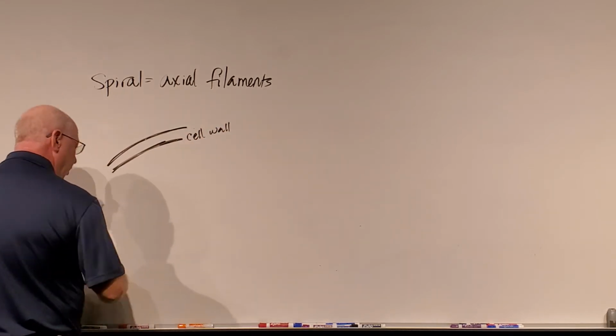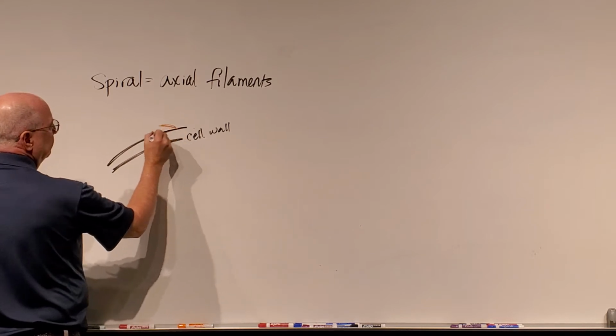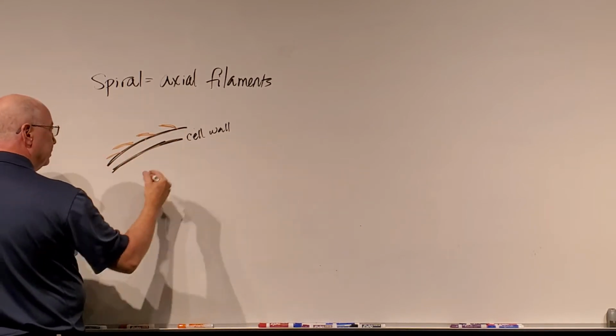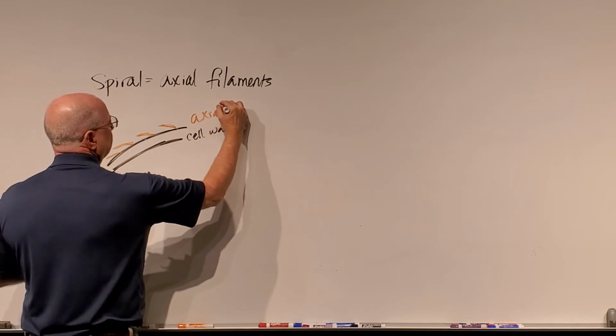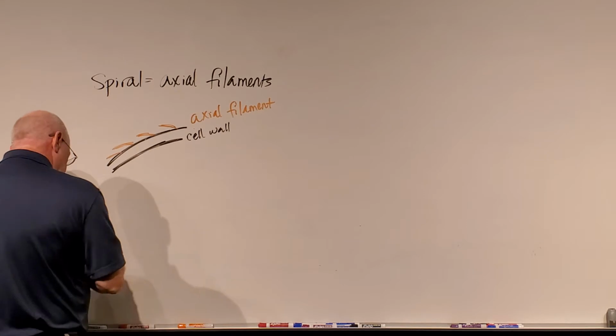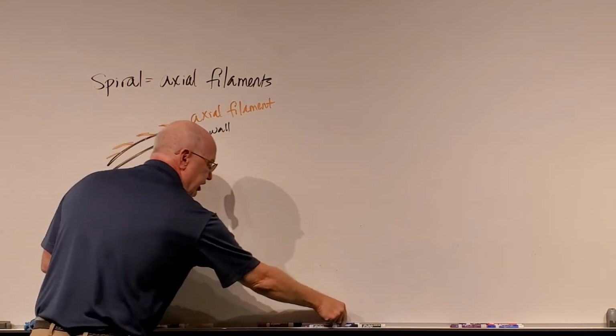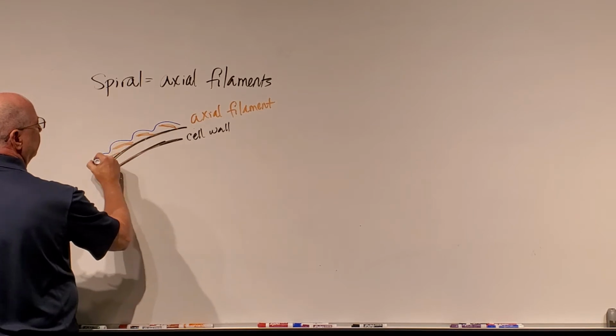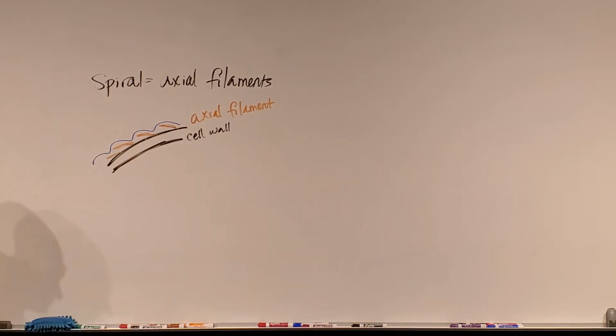Outside the cell wall will be the axial filaments, which are some proteins in here that kind of wrap around. And then outside the axial filament, there is somewhat of a sheath that covers them that allows these filaments to cause the bulges in the outside.